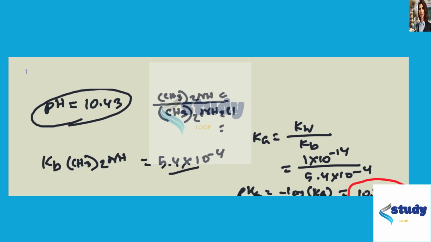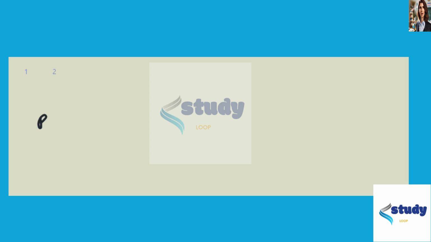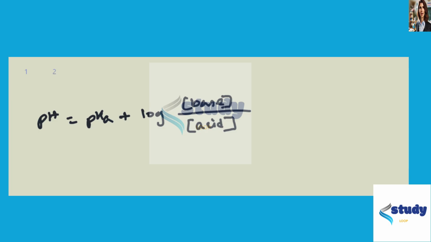Now we have to set up the Henderson-Hasselbalch equation, which is like this: pH is equal to pKa plus log of base concentration over the acid concentration. So here we now know the pH value, which is that we have to find a buffer of the pH of 10.43.